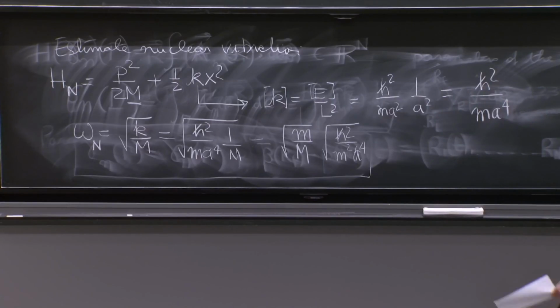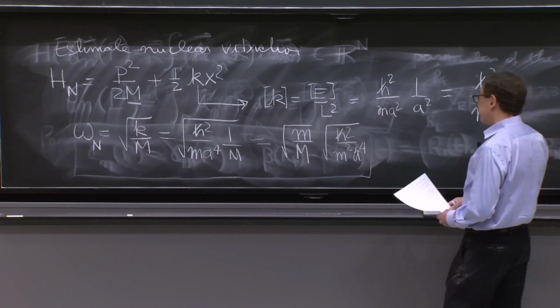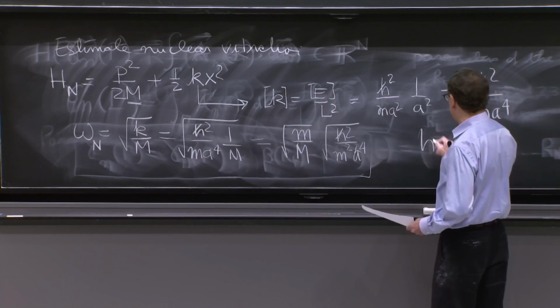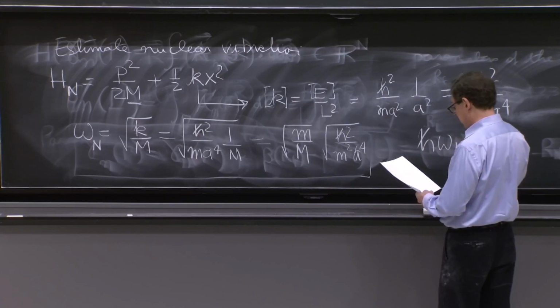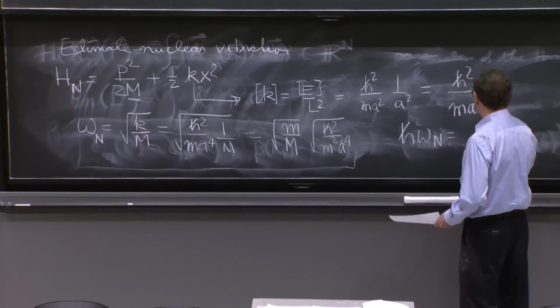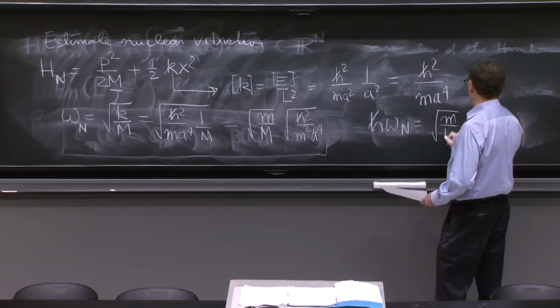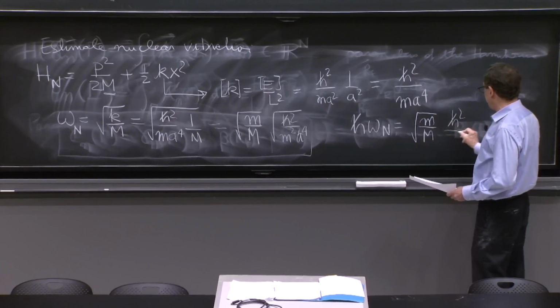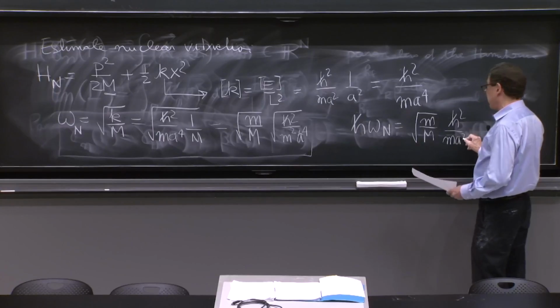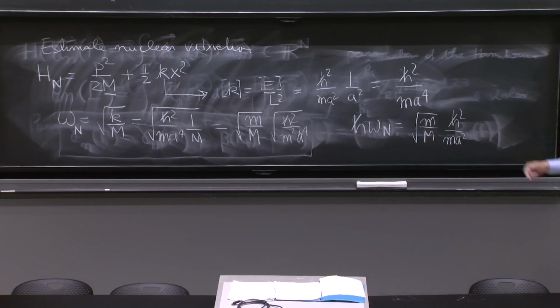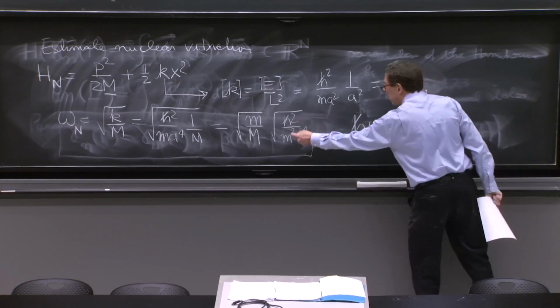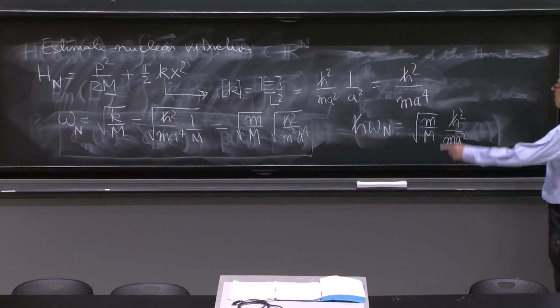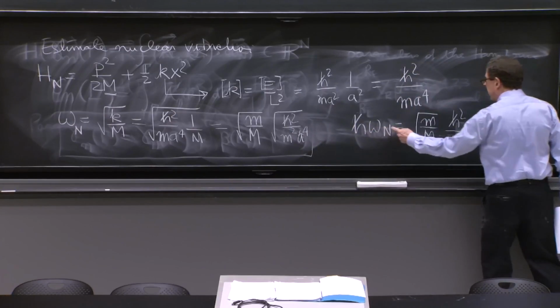So from here, we get that h bar omega nuclear is square root of little m over capital M, h bar squared over m a squared. If you take the square root here, you get h bar over m a squared, but there was another h bar I put in.